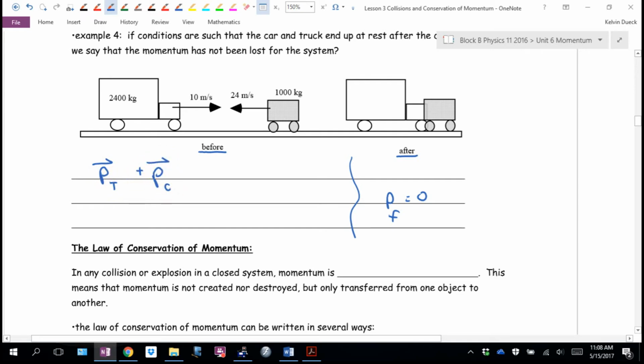Can I use T for truck and C for car? And P for momentum. Alec, what did you say? How do I calculate momentum? Mass times velocity. So this is going to be mass of the truck, velocity of the truck, plus mass of the car, velocity of the car.